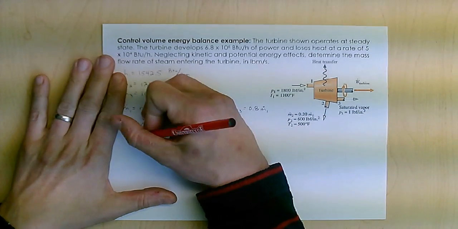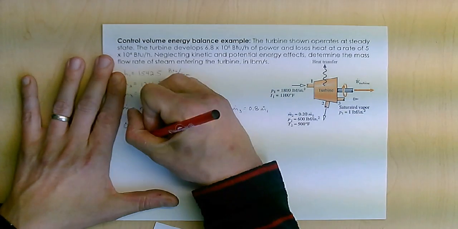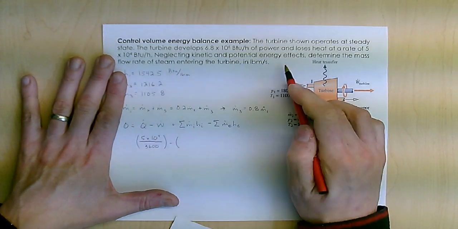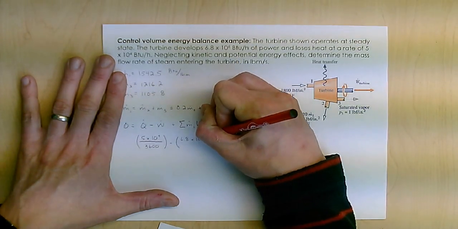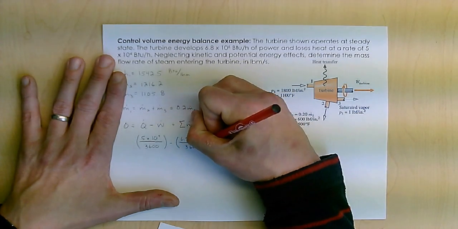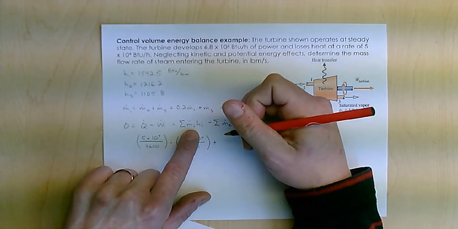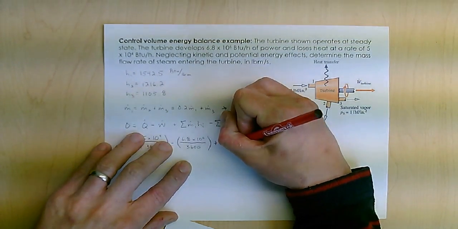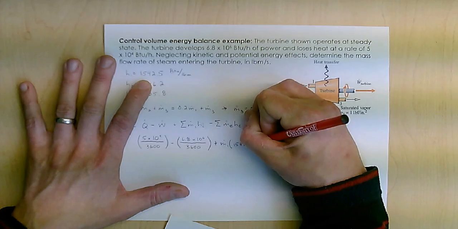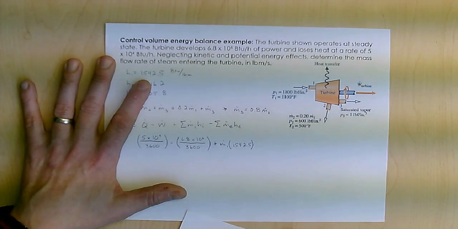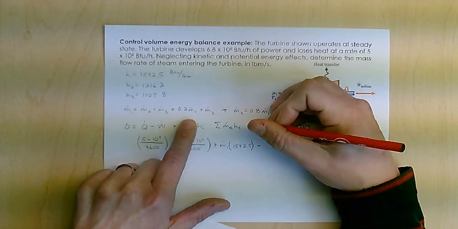So I divide that by 3600 to get everything in seconds. So that's Q minus the work, which is going to be 6.8 times 10 to the 6th divided by 3600, plus the mass flow in, which is m1 times H1, which is 1542.5, minus the mass flow out, which is, I've got two of them.